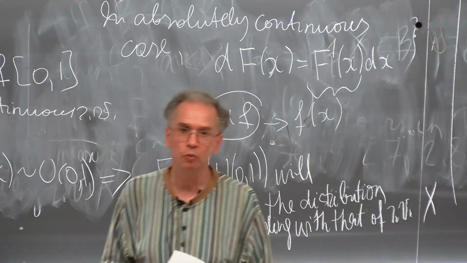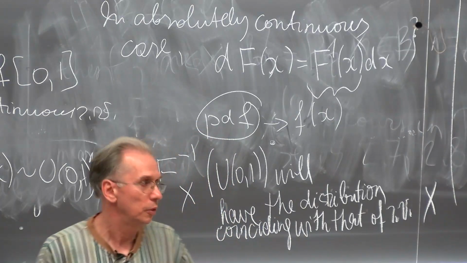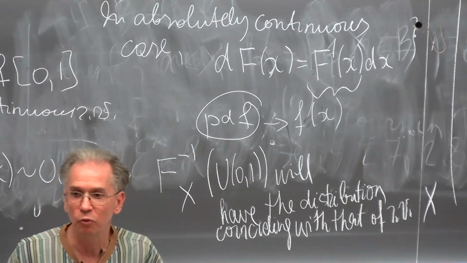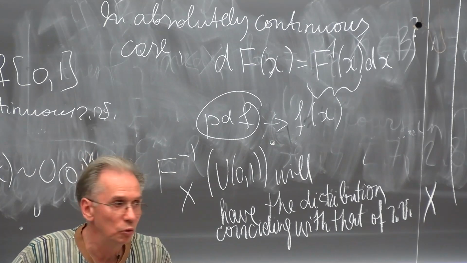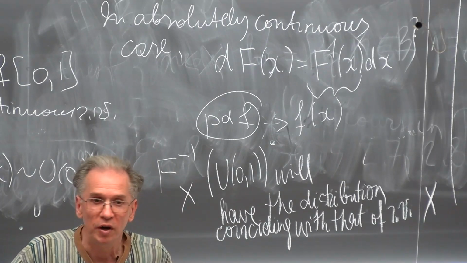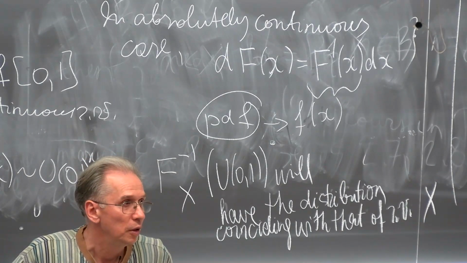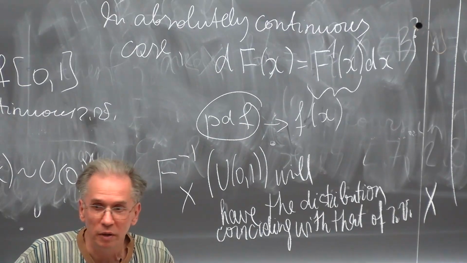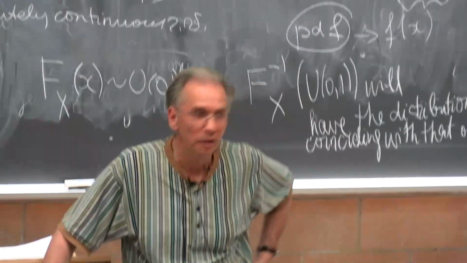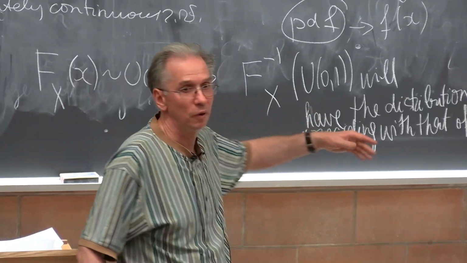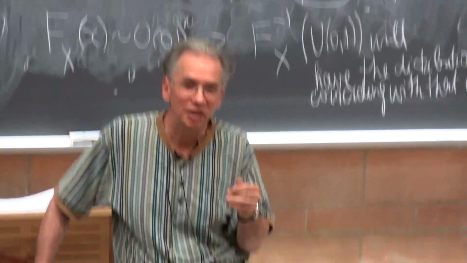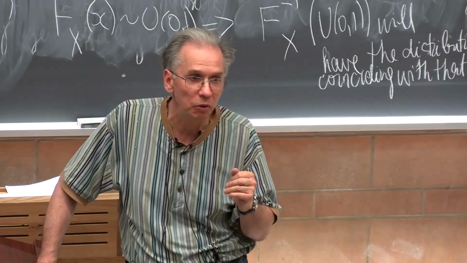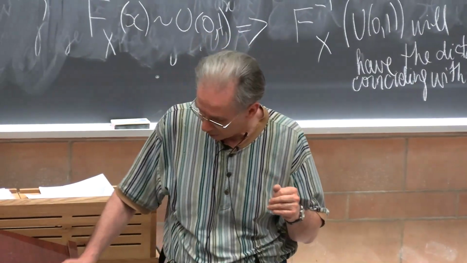So it's one-to-one correspondence. So these relationships, of course, are important in stochastic modeling. When you simulate random numbers, you usually simulate 0, 1 pseudo-random numbers and then use such a transformation to simulate general random numbers having a particular distribution.